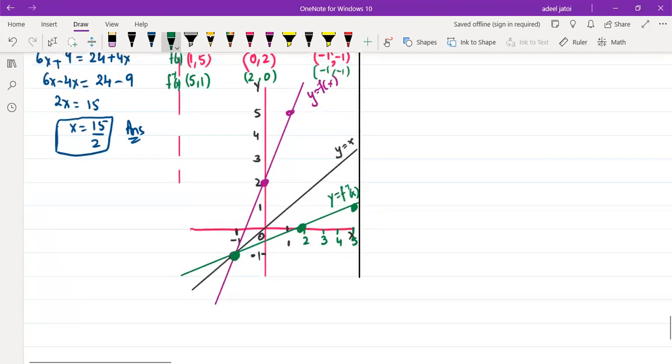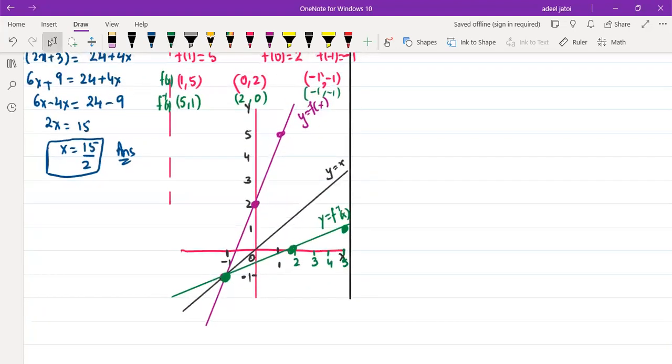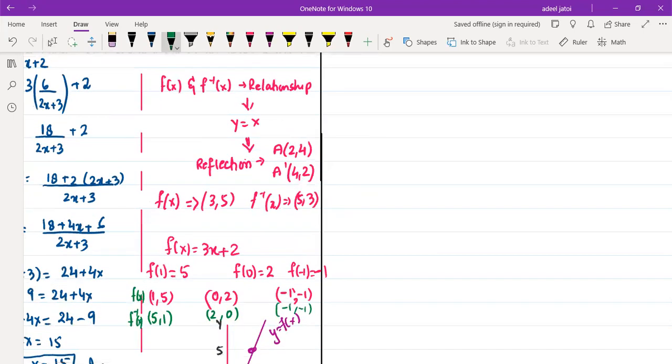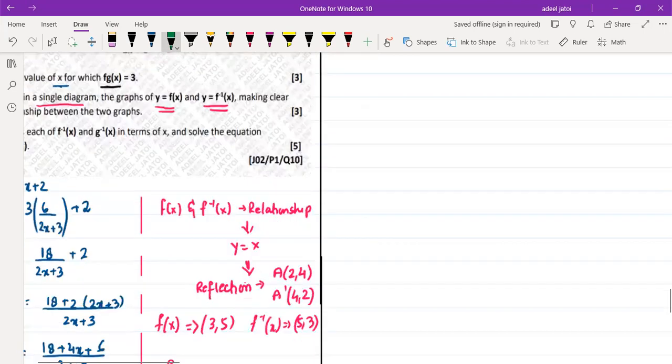So we can directly say that the relationship between f(x) and f inverse of x is the reflection of the coordinates under the line y is equal to x. So the clear relationship is reflection under the line y is equal to x whenever we talk about f(x) and f inverse of x.